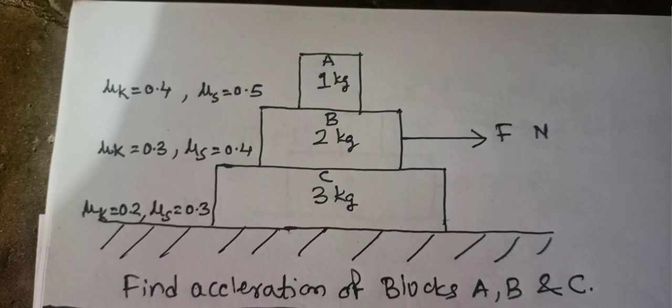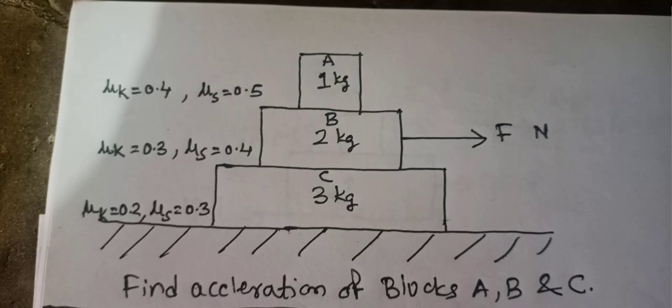We can see here the block C and the flat surface, where the static coefficient is 0.3 and the dynamic, or kinetic, is 0.2. But as long as the block is not moving, we will be considering the static coefficient of friction only.